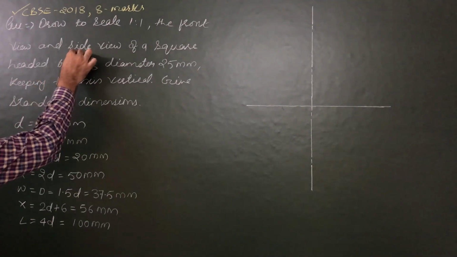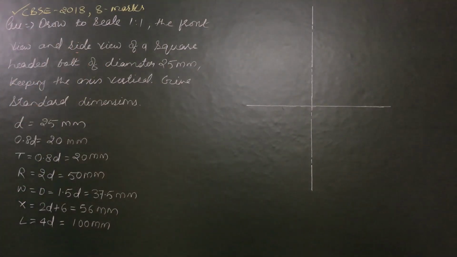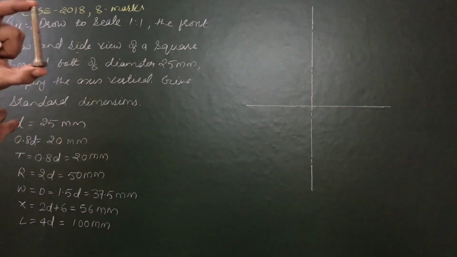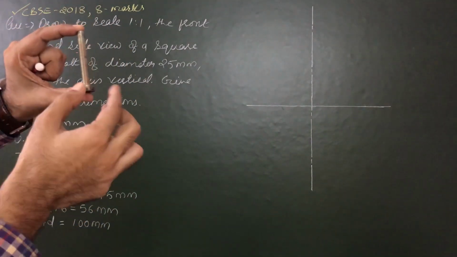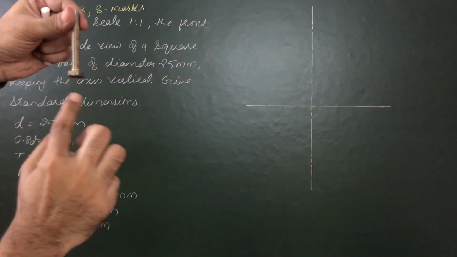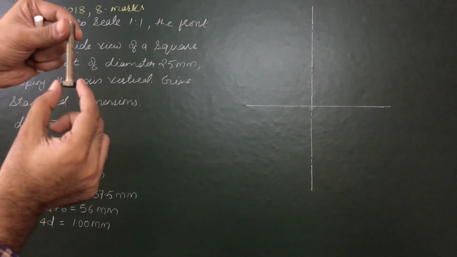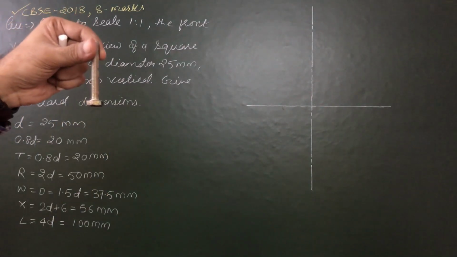Okay, in this problem, side view means front view, and similar to front view we'll have side view in case of square headed bolt. This one is a hexagonal bolt, but for a square headed bolt we'll have two faces parallel to VP, other two faces perpendicular to VP, or all four faces equally inclined to VP, right?